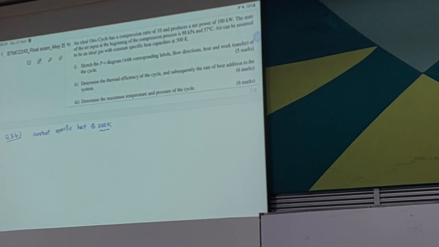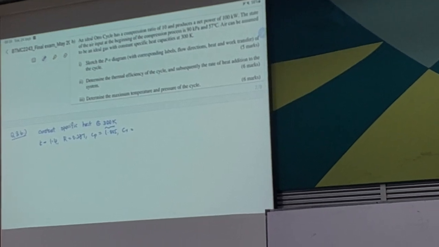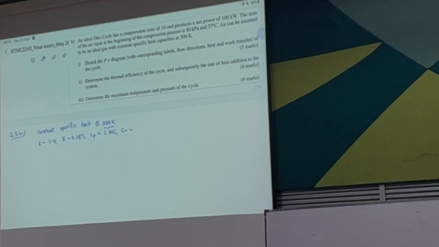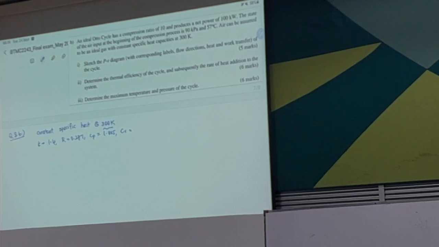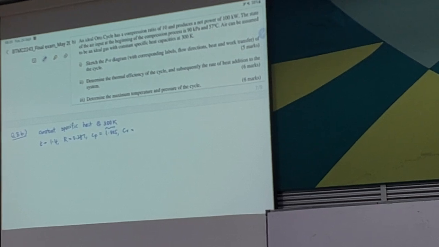Meaning, in this case, k is 1.4, R is 0.287, Cp is 1.005, Cv is, what is Cv? 0.7 something. But it should be in the table. The exact table is given in your exam, so you can refer here. Maybe switch.